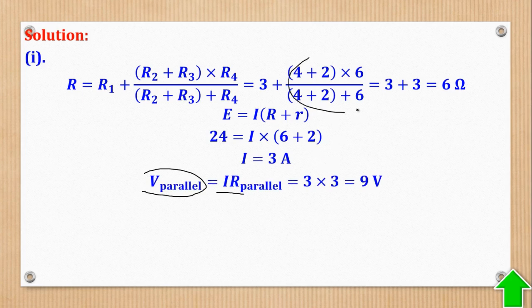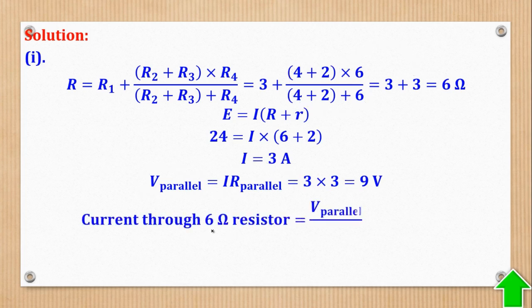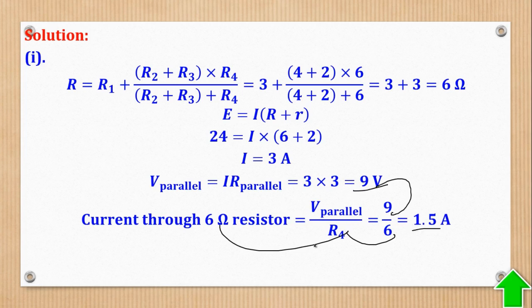R parallel is the whole of this, which is this 3 ohm. And this current is 3, so we multiply to come up with 9 volt. The current through the 6 ohm resistor will be V parallel over R4, where R4 is this 6 ohm, and V parallel is this 9, to come up with 1.5 ampere.